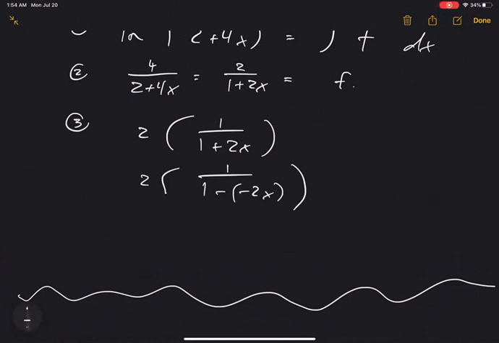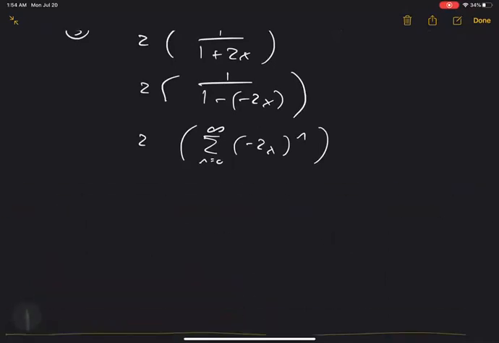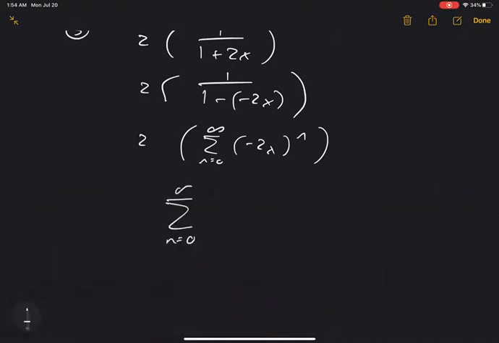So the power series for the stuff in parentheses should be this, and then I'm multiplying by 2. So bring the 2 inside and split all this stuff up, and that should be what I arrive at.